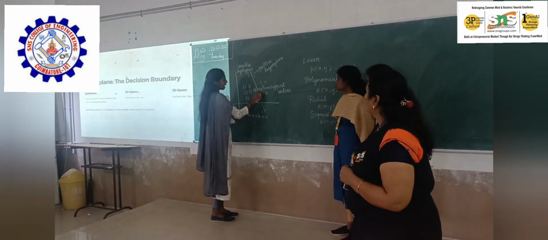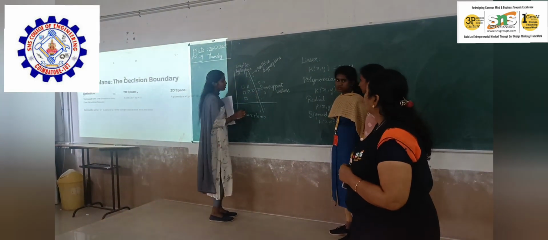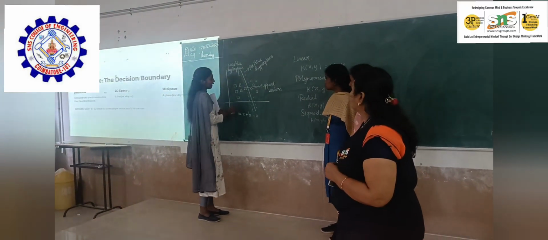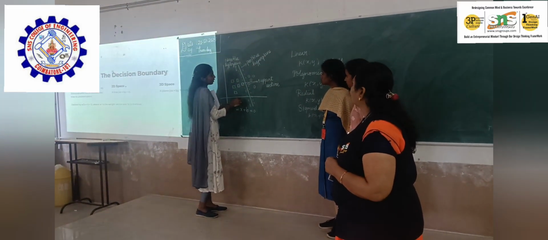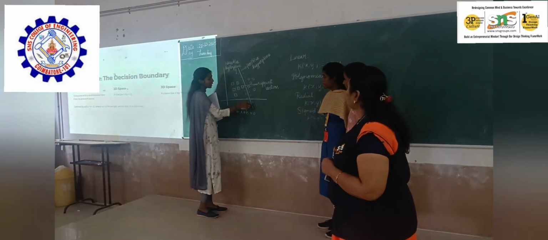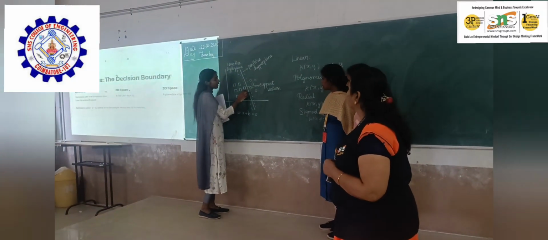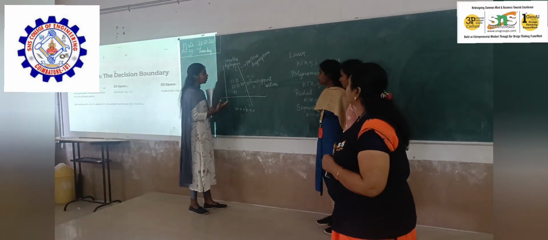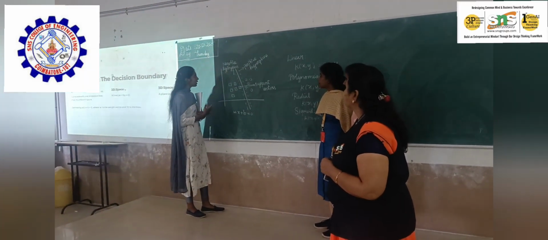In this class, these two vectors are closer, so we have to draw a line for that, and we have to measure the distance between these two lines and take the hyperplane. So these two vectors are called support vectors because they support drawing the hyperplane.